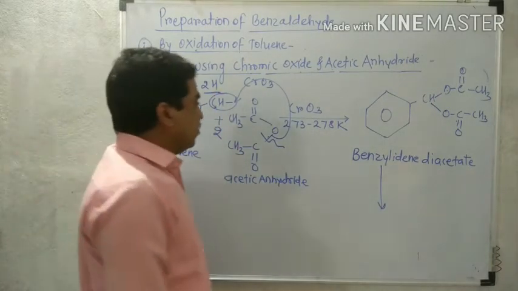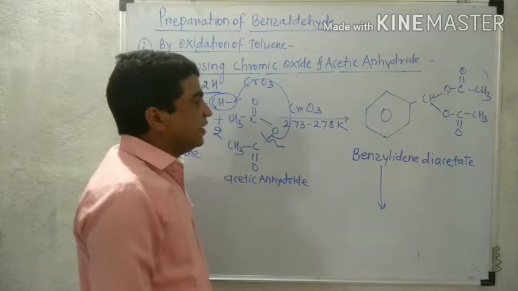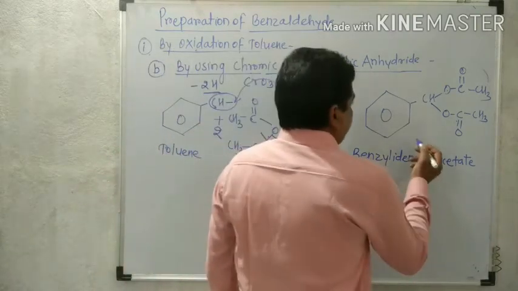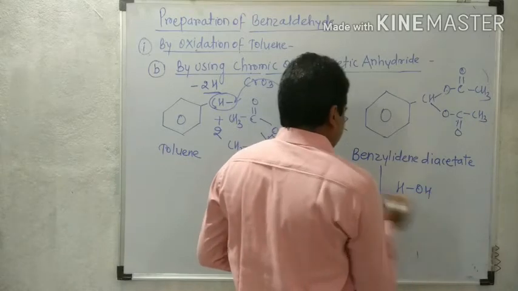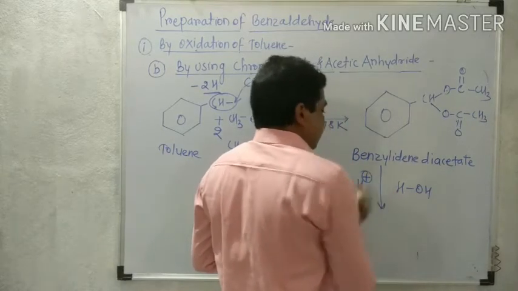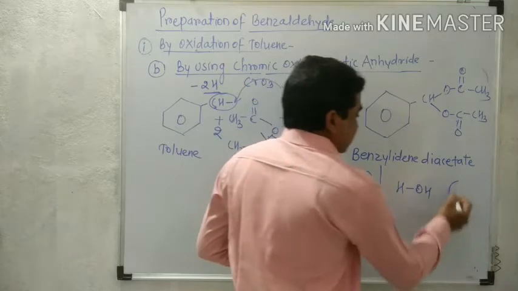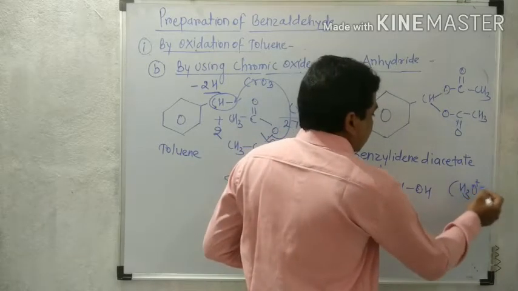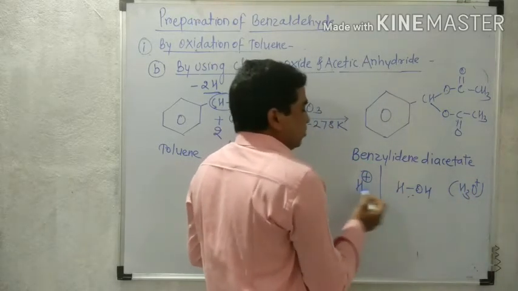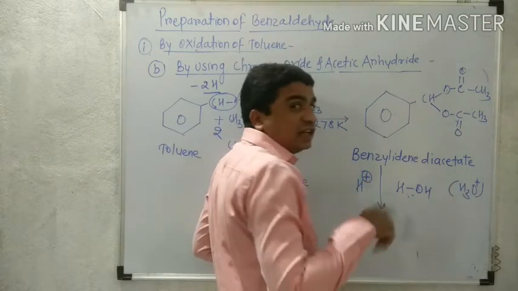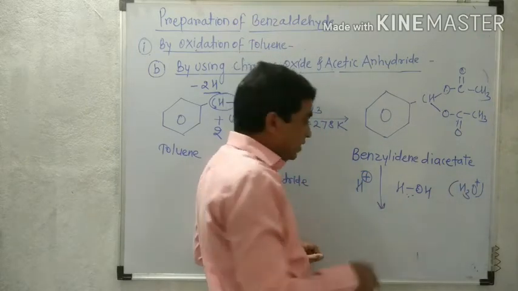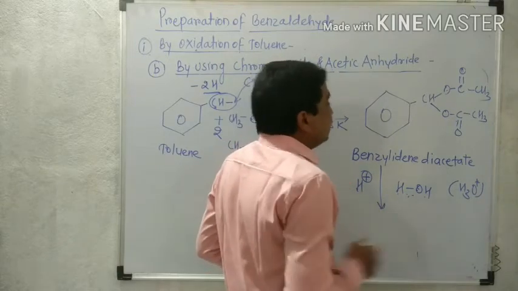After formation of benzylidene diacetate, it undergoes hydrolysis in the presence of acid. We can write this as H3O plus, or either write H plus, which indicates the presence of acid, and HOH, which means water.